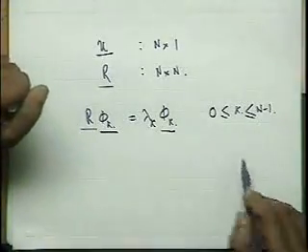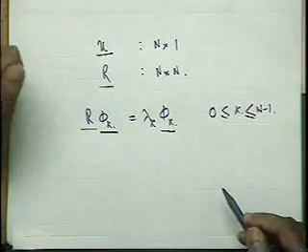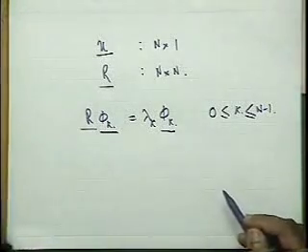Now using these phi k's we were forming the basis vectors.